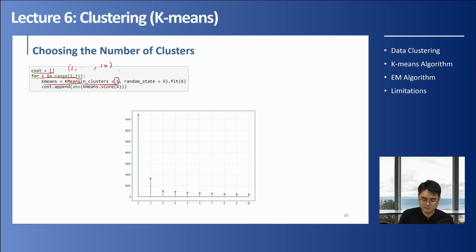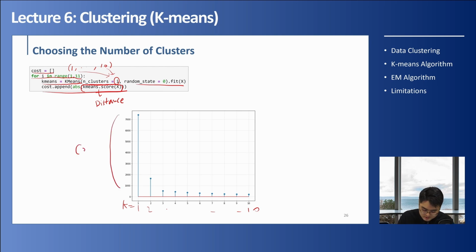The number of clusters will be each number here. And if we fit this, and then save the k-means scores, which is simply the distance information, we're going to be able to plot something like this. Here, k equals 1, 2 to 10, and this will be the cost.